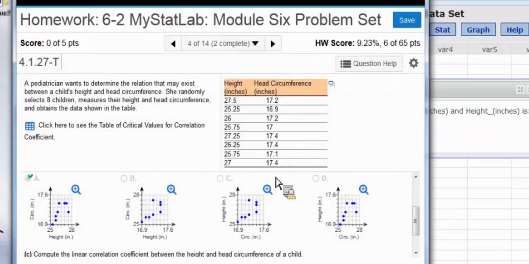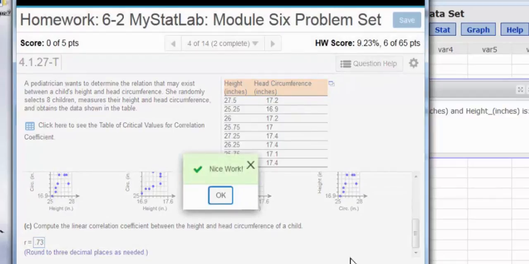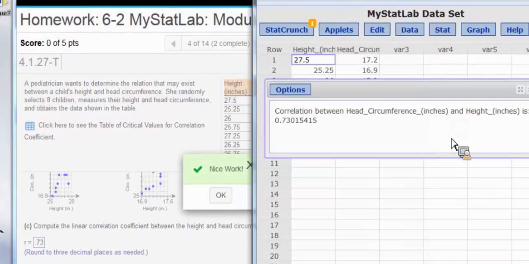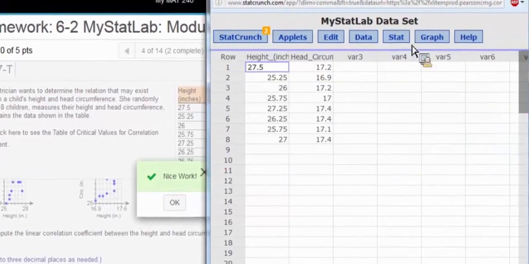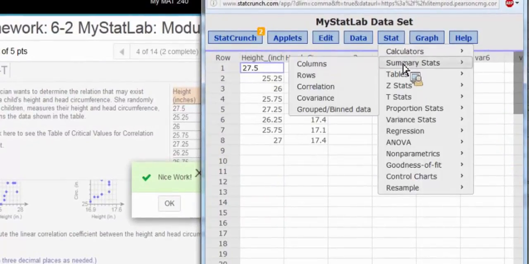So the general trend going up and the positive correlation agree with each other. How do we get this? This is under summary stats. Summary stats are where we find calculations for the mean, the standard deviation, and the correlation.